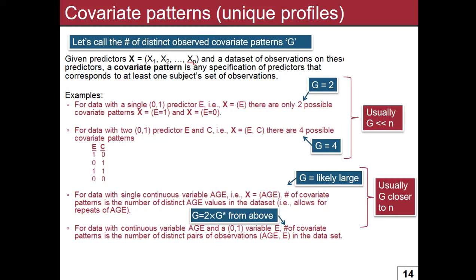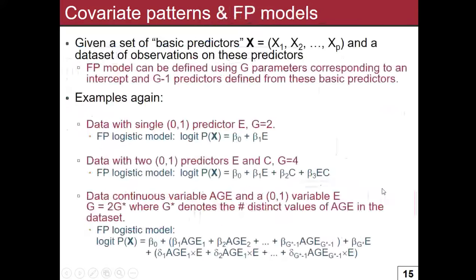If you have a bunch of different continuous variables, it's unlikely that you're going to have too many people at the exact same intersection of covariates. The more continuous variables you have, people get more and more distinct, unique profiles, and so forth. So then usually it's closer to n.